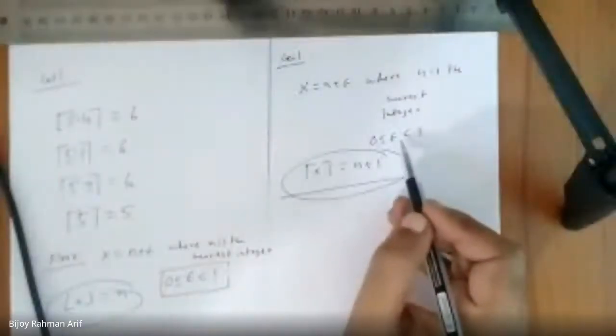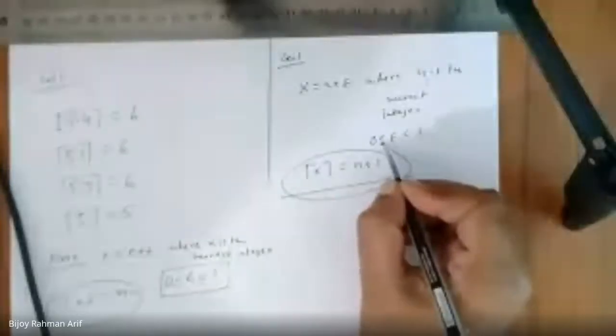Am I right? No, sir. Here it will not be just less than; the equals sign should be included: 0 less than or equal to epsilon less than 1. Yes, good observation. Wonderful.